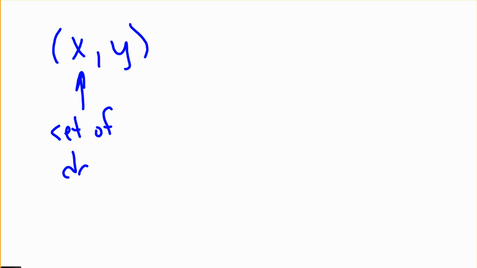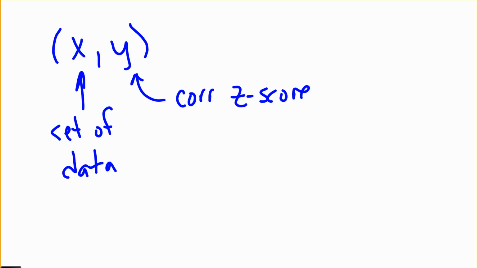So we end up with an xy coordinate where the x is from the set of data and the y would be the corresponding z-score from a standard normal. Now we're not going to calculate all of these. We're going to let technology help us with these normal quartile plots. But what we want to do is be able to look at the corresponding plot and decide, is it normal or not? Remember, what we're looking for is a straight line.